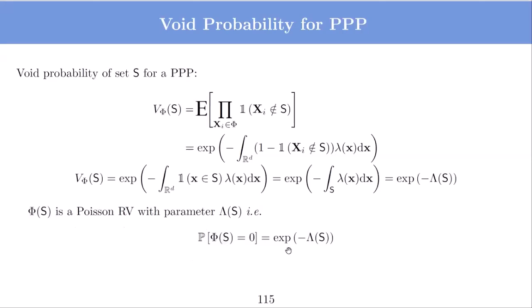It is equal to exponential minus its mean, and the mean of this random variable is capital Lambda(S). So you could have directly gotten it for the PPP, but for other point processes, you can use PGFL to compute the void probability.